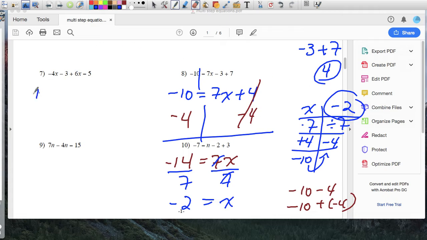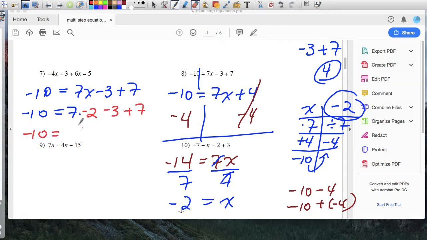Check. Negative 10 equals 7x minus 3 plus 7. I'm going to substitute: 7 times negative 2 in this case. Let me change colors. Minus 3 plus 7. So 7 times negative 2 is negative 14.